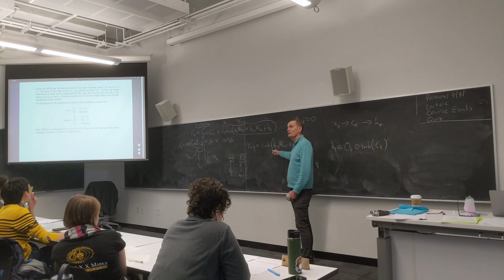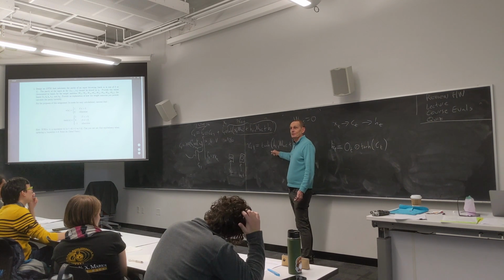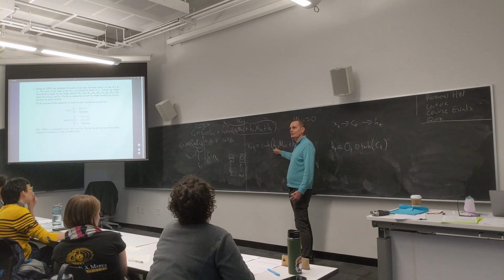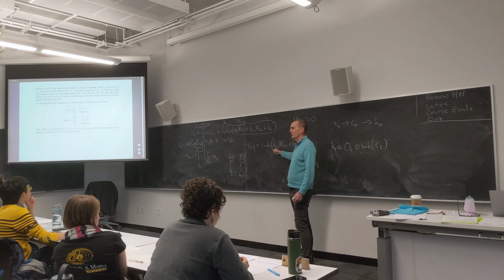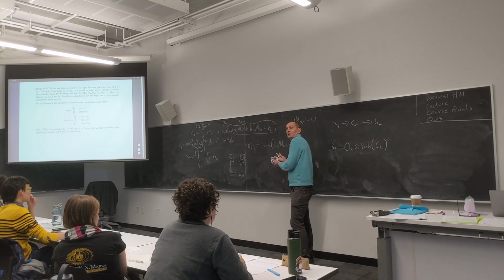Well, I guess this is dependent on h sub t minus 1, right? So this had better be something useful for us. We will have some control over what this is. We haven't done it yet, but we will. What would it be handy if this were? Ben? C sub t minus 1. If this were c sub t minus 1, you can see how we'd get there pretty easily, right?